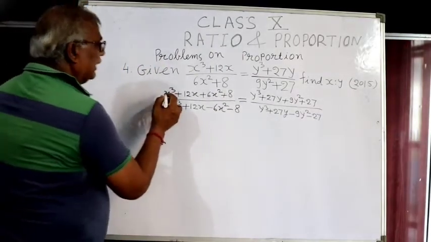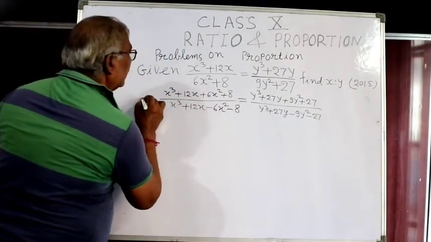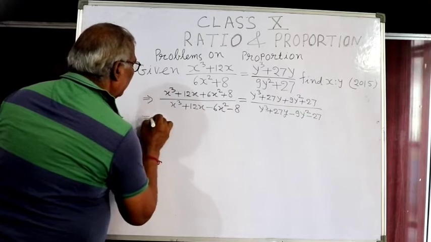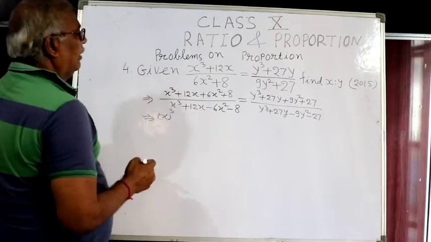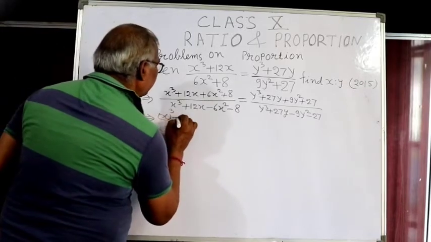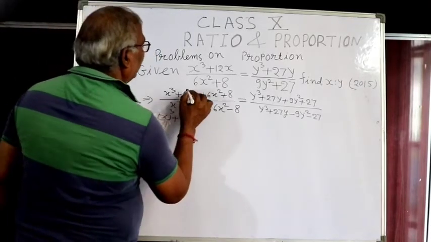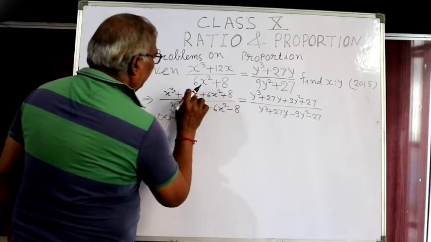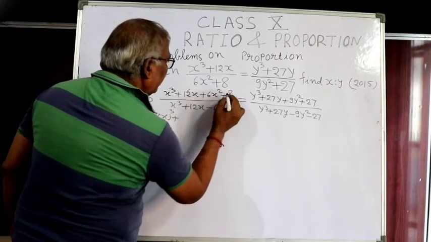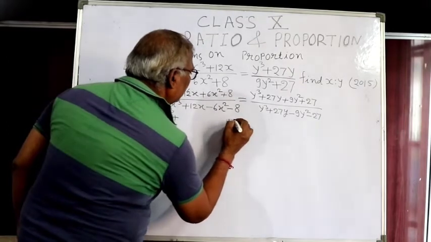Here we see x whole cube plus 3ab in terms of 3ab. Here we see plus 2 cube.